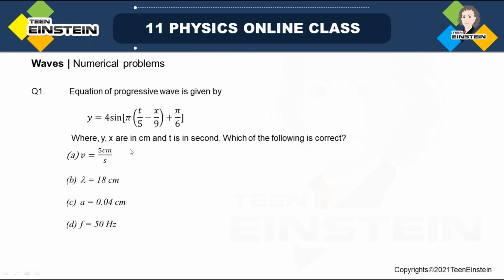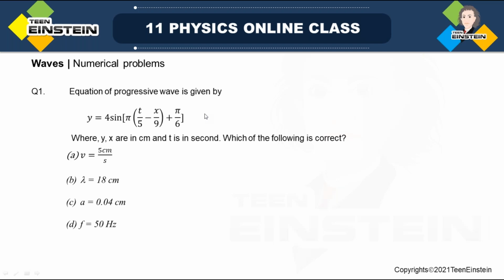The problem is: here the equation of a progressive wave is given. Progressive means the wave can propagate. The nodes and antinodes propagate from one point to another, and these propagating waves can propagate in both directions.